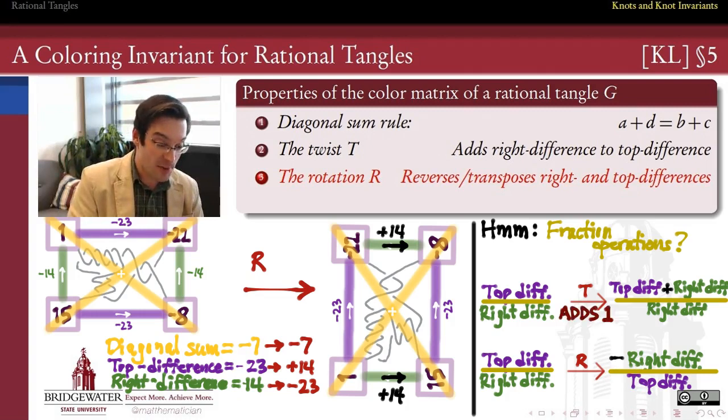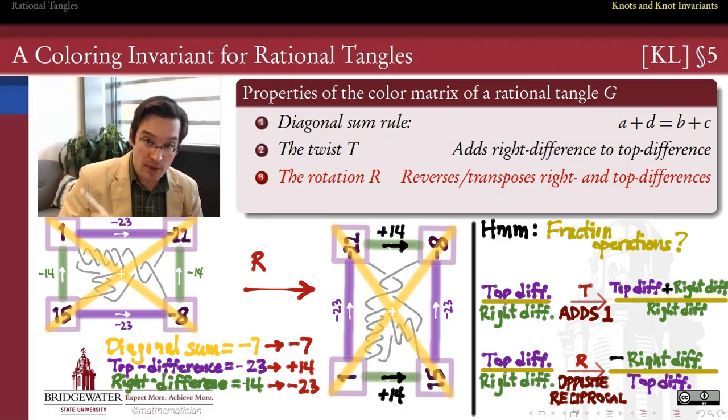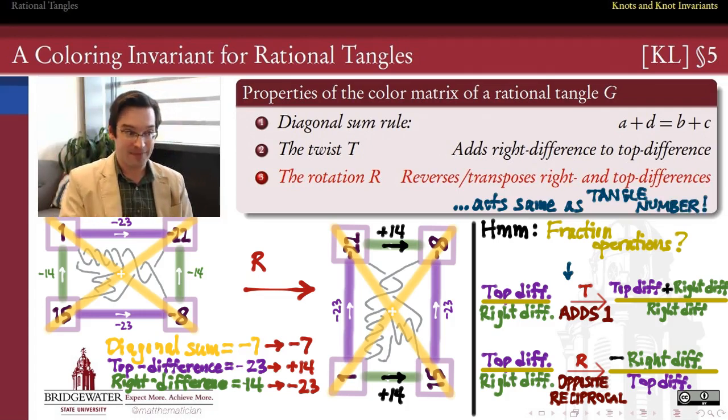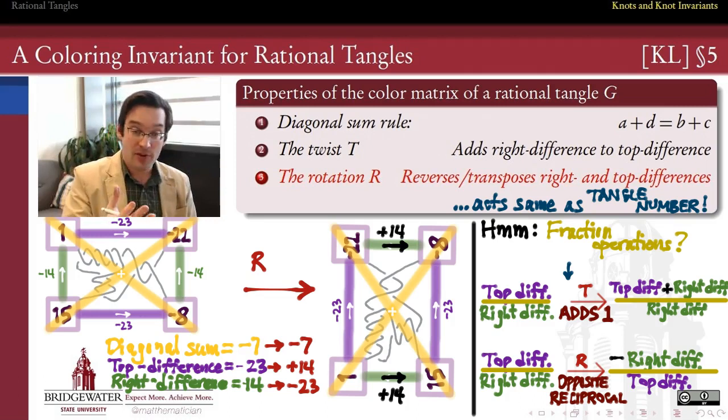What is this in fraction arithmetic other than, respectively, the operation of adding 1 to a fraction and the operation of taking the opposite reciprocal of a fraction? These are operations that we have seen happening to the tangle numbers of rational tangles already, quite a long time ago. And so this gives us a really powerful clue that this set of data that we've computed by the coloration of a rational tangle must have something fundamental to do with the tangle number for that rational tangle.